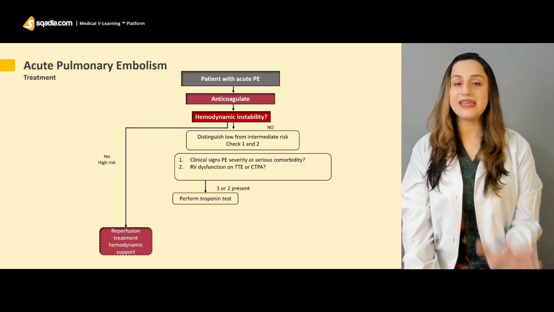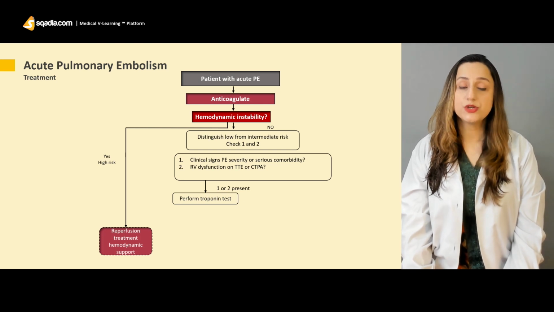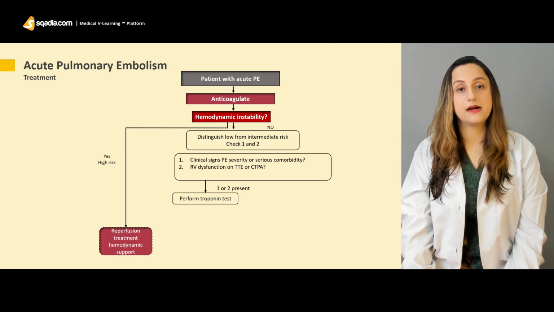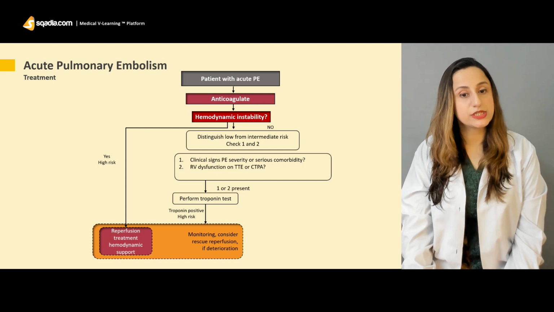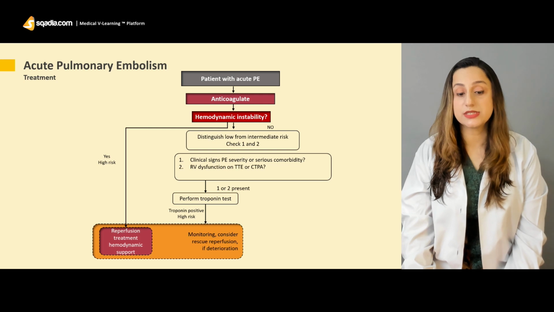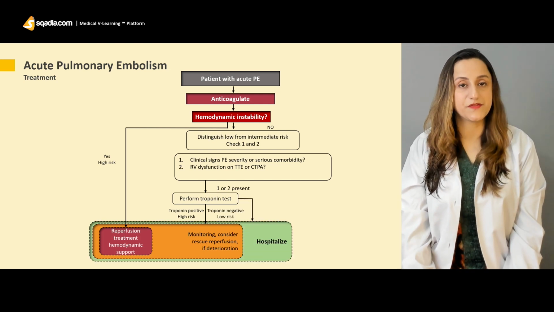And if any one of these conditions, the right ventricular dysfunction, is present, we're going to perform the troponin test. It's basically the cardiac enzymes that you're going to look for, and then you're going to monitor, and rescue reperfusion can be considered. If the patient is deteriorating, you're going to hospitalize the patient in any one of these conditions.